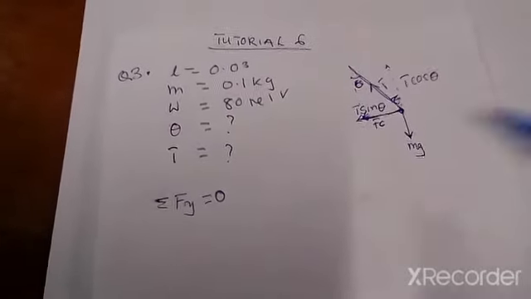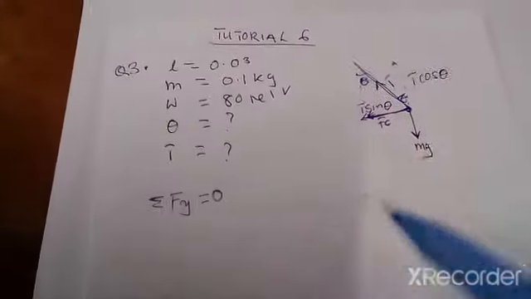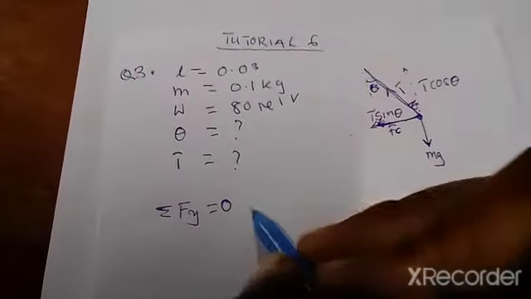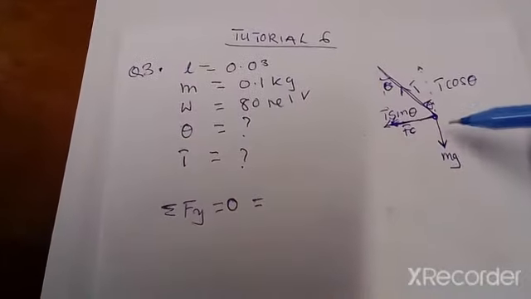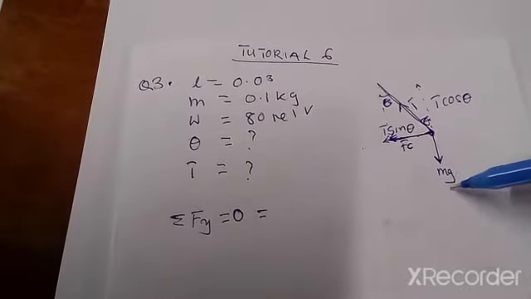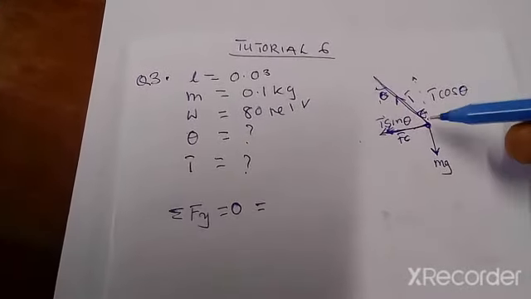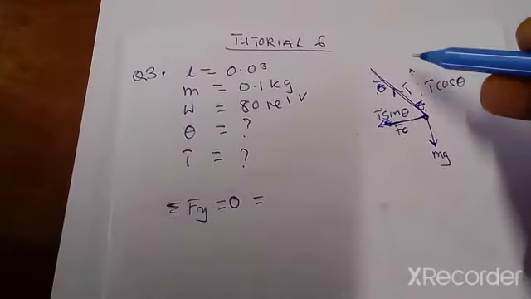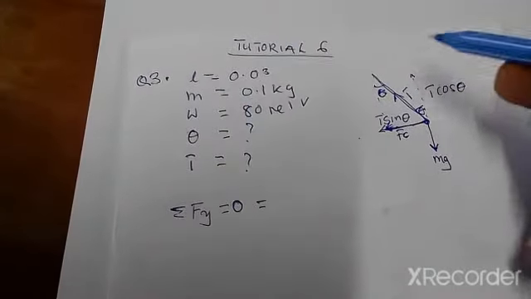So the resultant of the forces is equal to 0, and that is equal to the weight, which we take as negative downwards, and the vertical component of the tension, which is positive if going upwards.